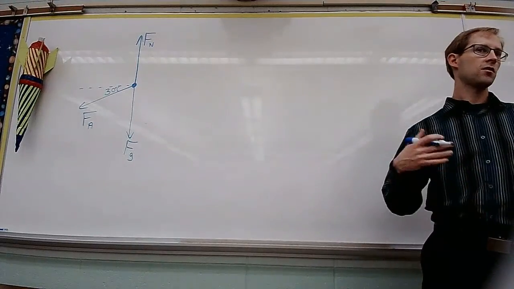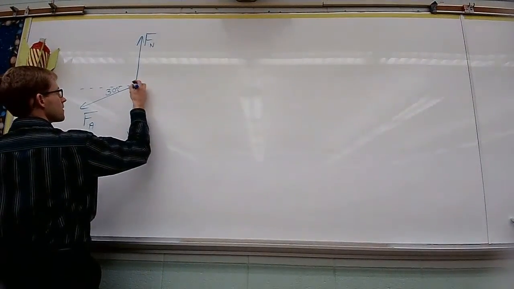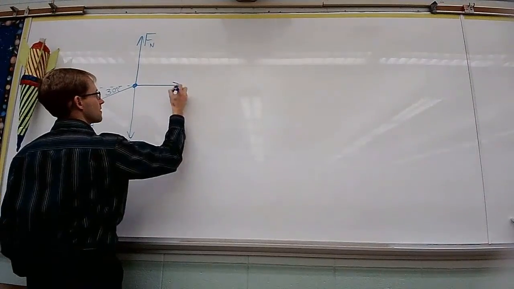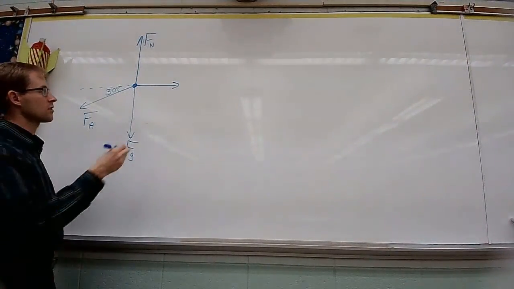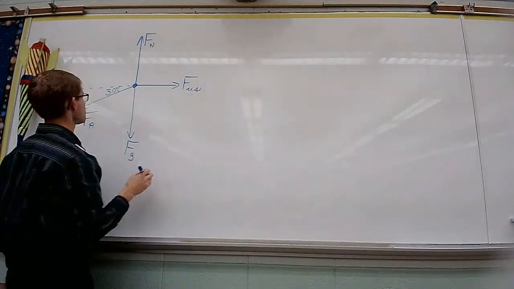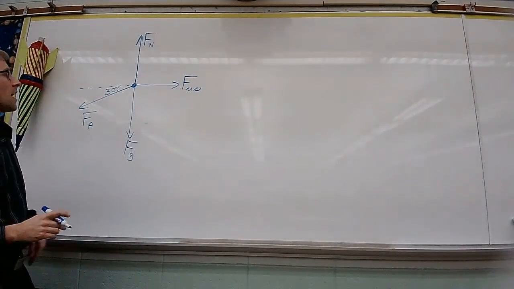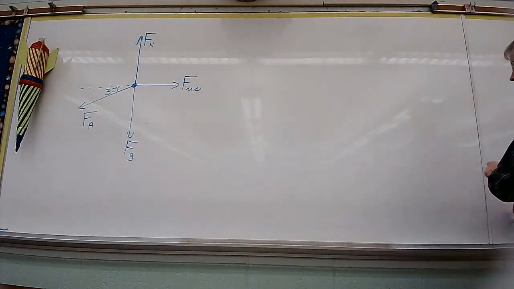And because friction always goes in the direction opposite the motion, friction's going to be pointing to the right. Because if it wasn't there, it would move to the left. So friction is pointing straight right here. Force of static friction. And that's the start of our force diagram.